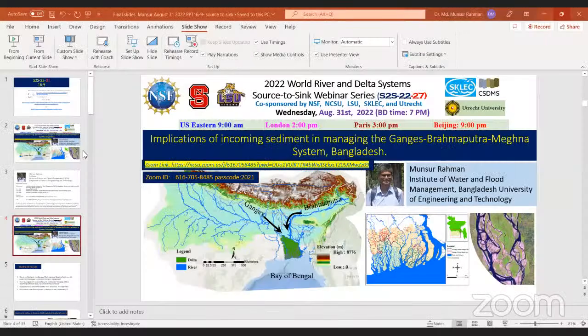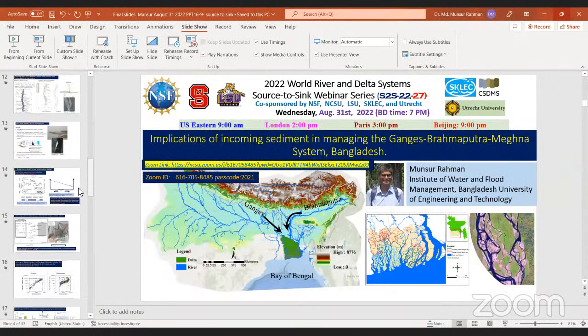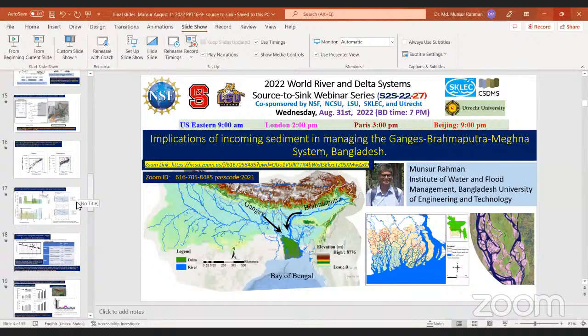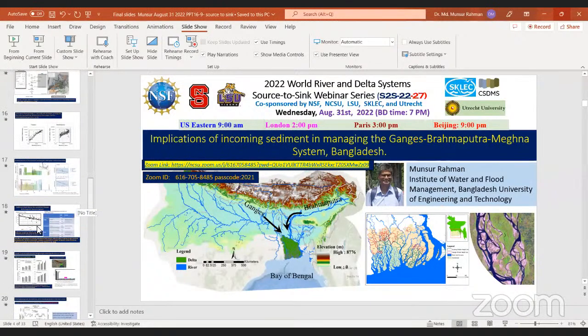From the previous study, we saw that the sediment budget is decreasing in the Bay of Bengal, but in 2015, Darby et al. worked on sediment budget, and they predicted by hydrogen model, and they show that at the end of the 21st century, the sediment budget would be increased in the GBM system. Then what would actually be the reason that the sediment budget will be increased at the end of the 21st century?